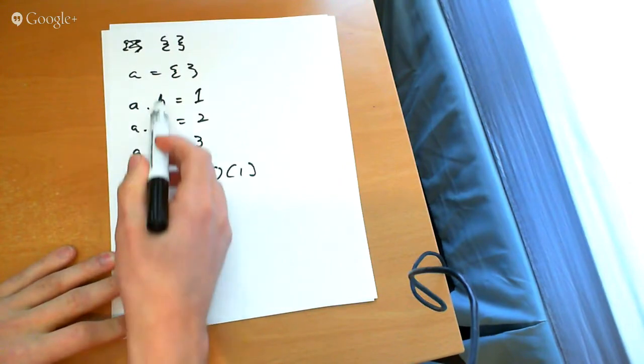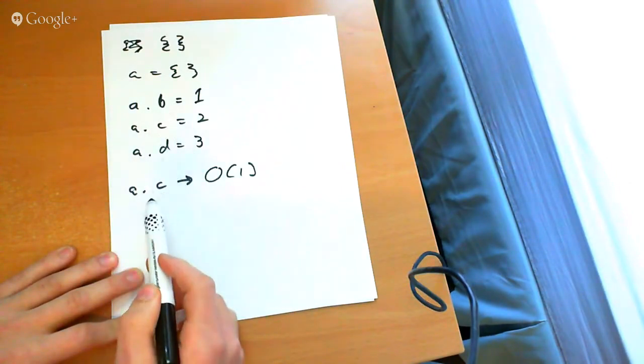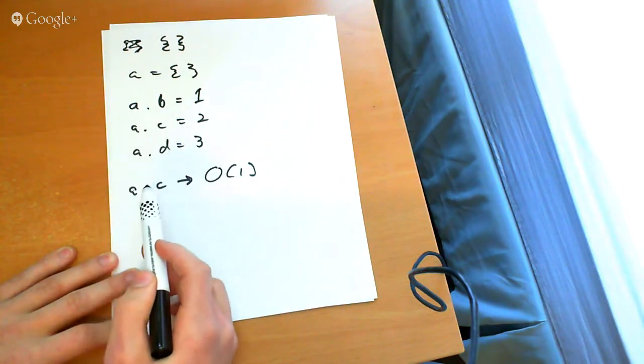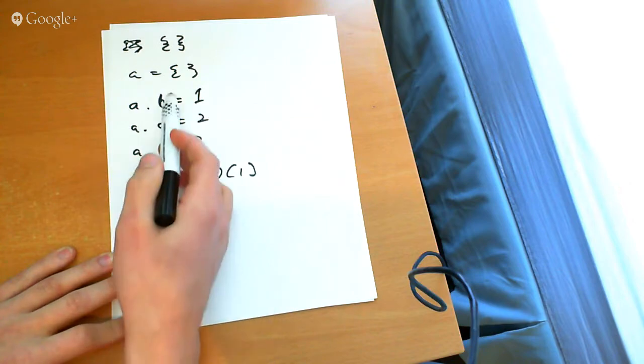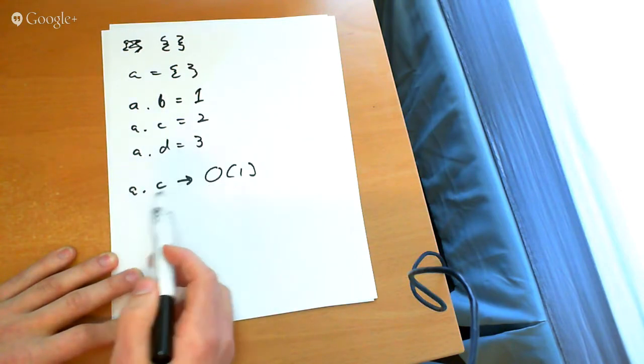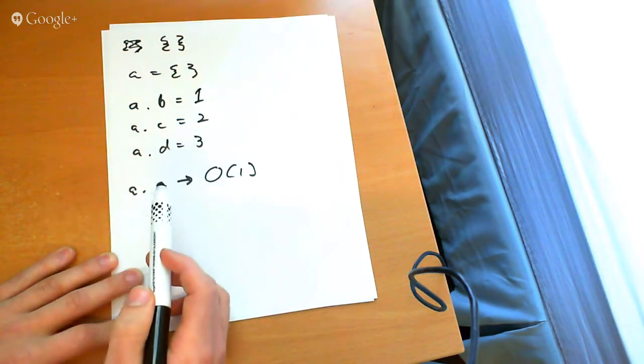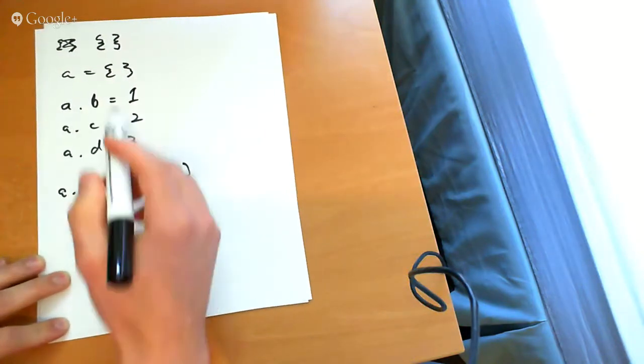No matter how many properties I put in A, I can look up any property on A extremely quickly. Order 1 operation. Doesn't matter how many properties I put in, I can look up C or D or B extremely fast. Now this is different than an array.